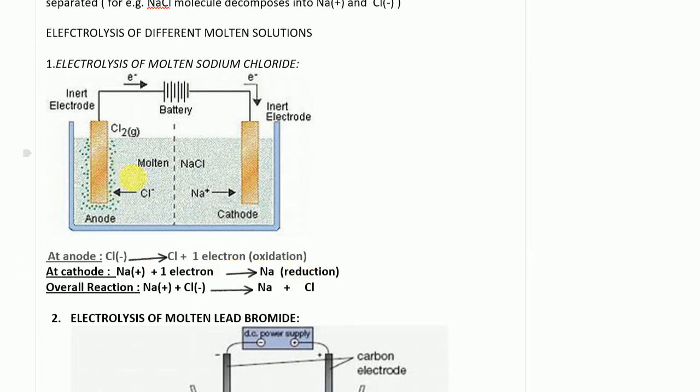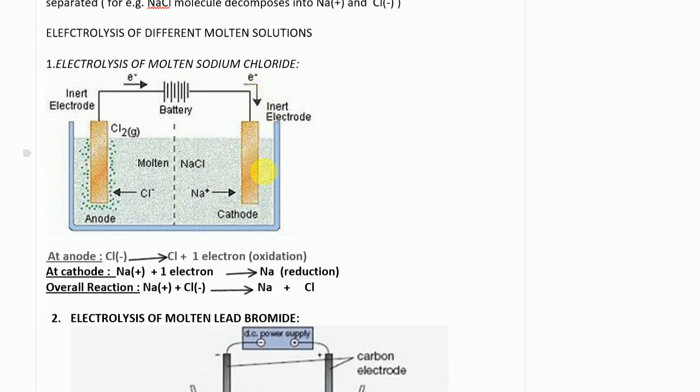Now the electron which is lost by the Cl- ion on this anode will travel through this conductor and it will reach the battery. After reaching the battery, the battery will push that electron towards the cathode. So this electron has now reached the cathode.